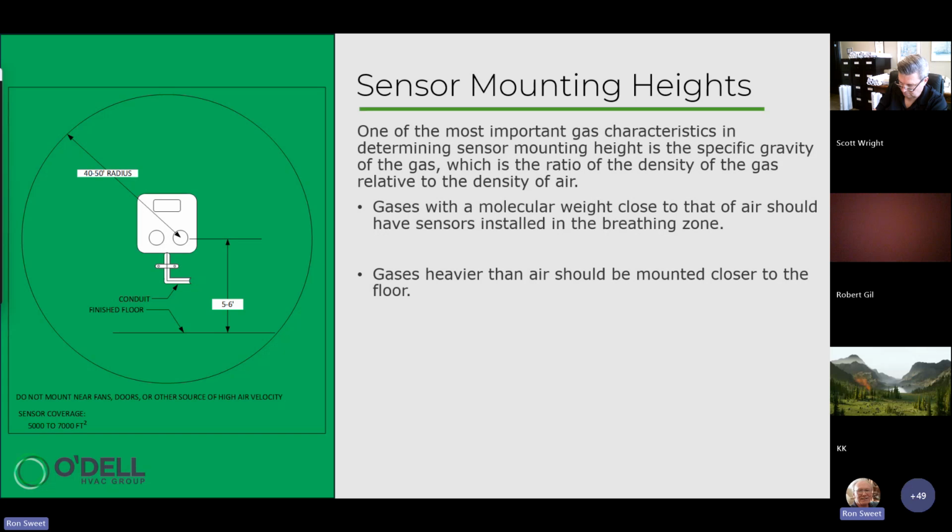But having that sensor down that low, you do not want it right on the floor because you don't want it to be damaged by any liquids or water that will spill, and you don't want it damaged by any cleaning machinery that will be moving around. So you want to keep it about 6 to 10 inches above the finished floor.